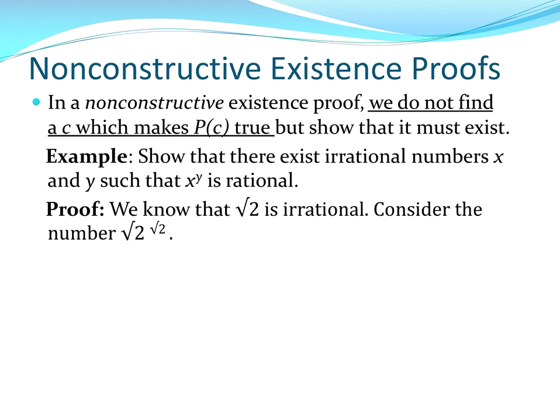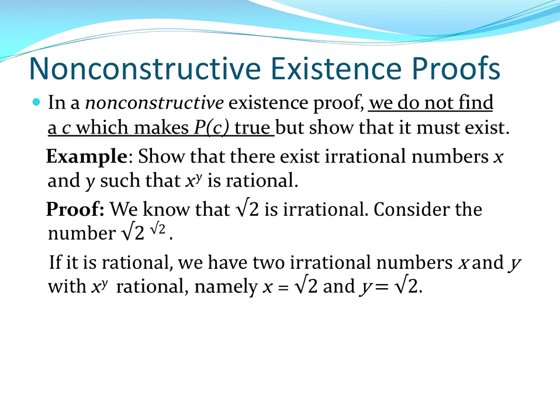Okay, well, we know that the square root of 2 is irrational from earlier discussions. Let's consider the number square root of 2 raised to the square root of 2 power. Now, if that number is rational, we've found a solution: two irrational numbers, one raised to the other power, would be rational.